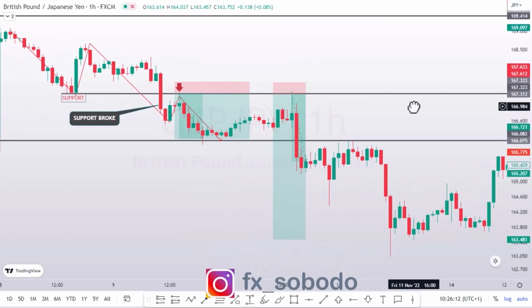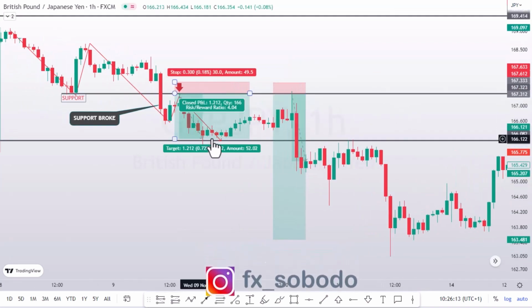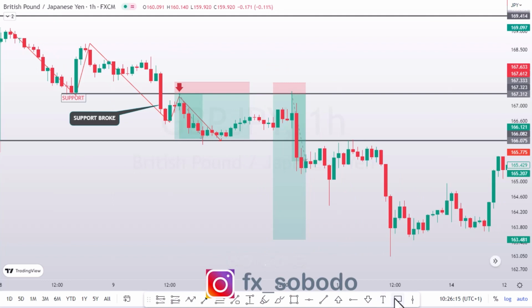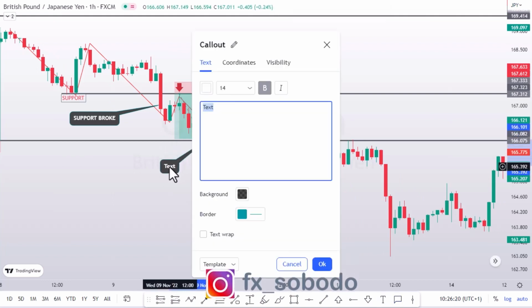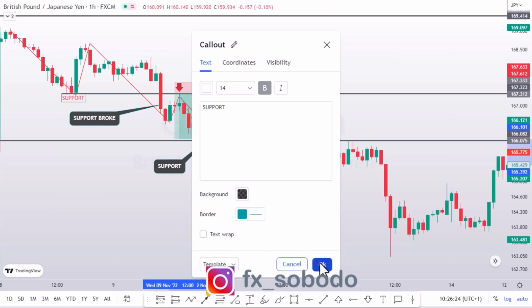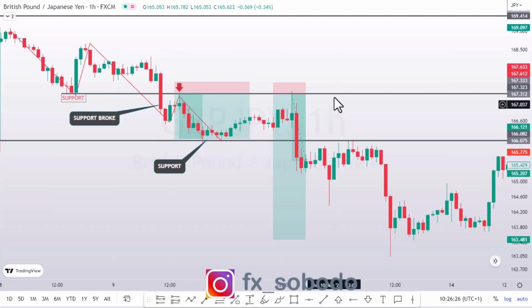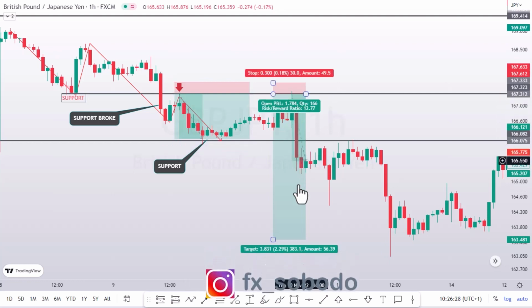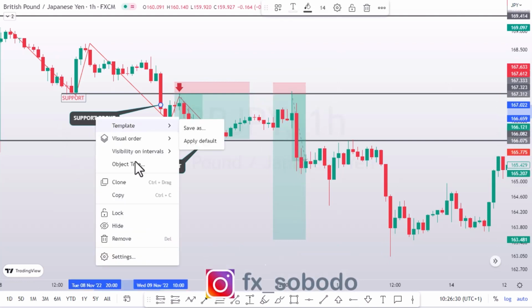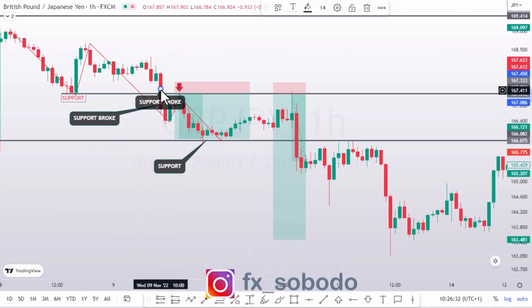You notice again, this level, this another level of what? Support. This another level of what? Support. And what happened? It broke. When support got broke, let me clone this guy.